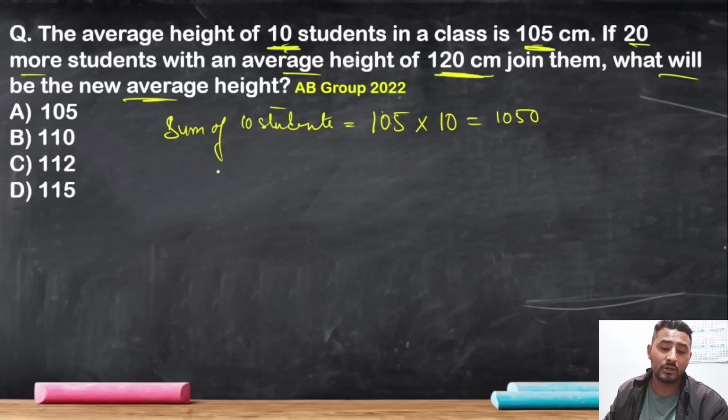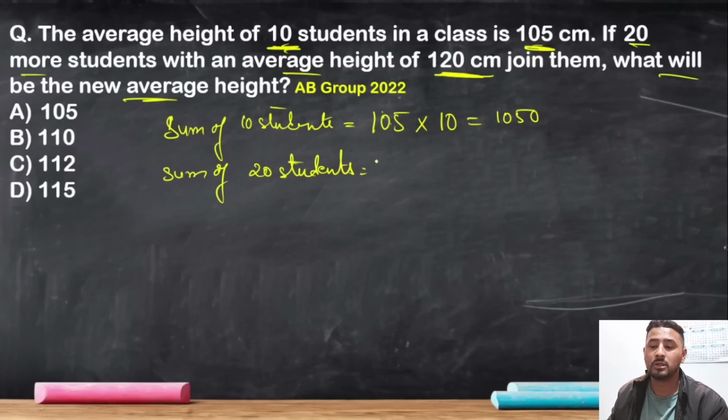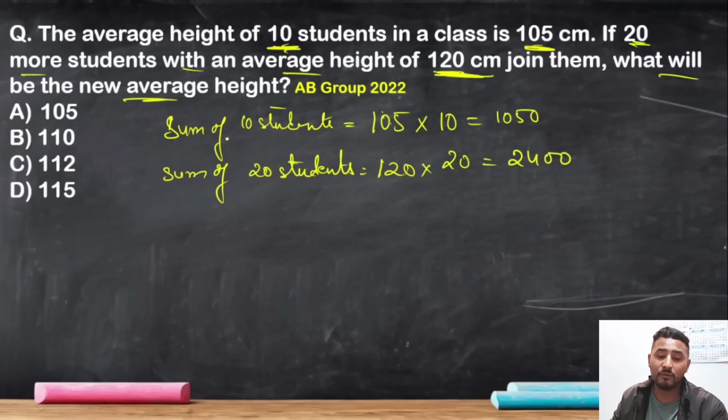If 20 more students join, now get the sum of the 20 students. Their average height is 120, so 120 into 20 is 2400. The sum of 10 students is 1050 and the sum of the 20 students is 2400.